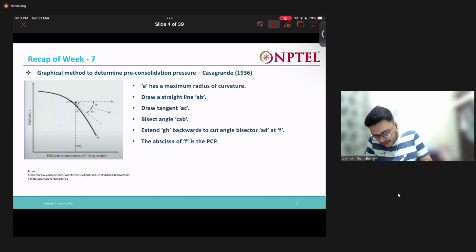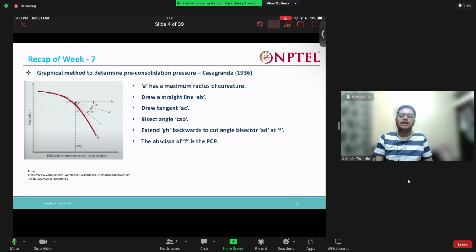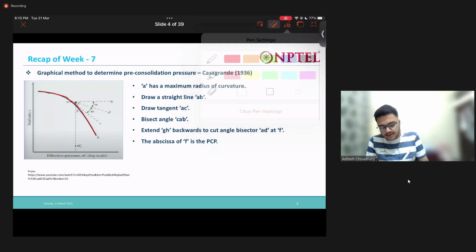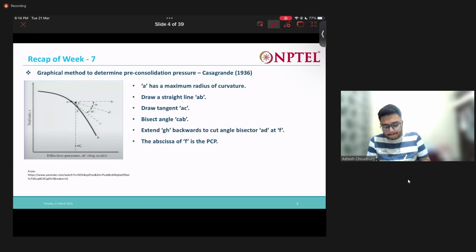So this is my void ratio versus effective pressure curve, which you will get by conducting a one-dimensional consolidation test. First, you need to locate the point where the plot has maximum radius of curvature.